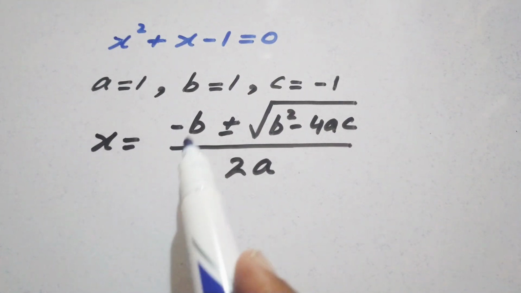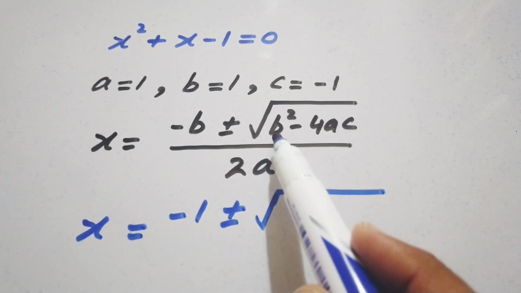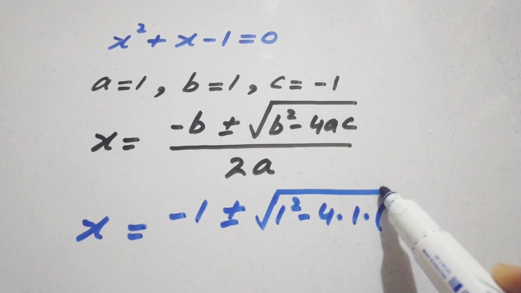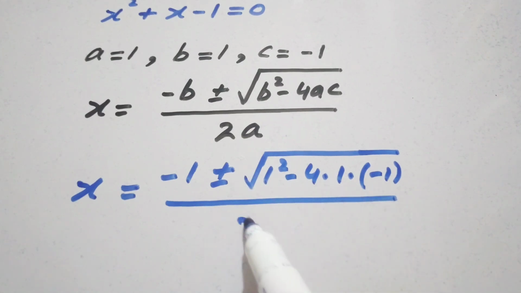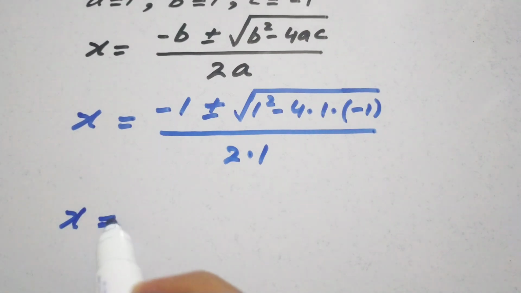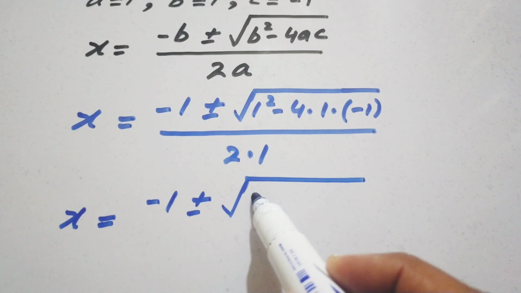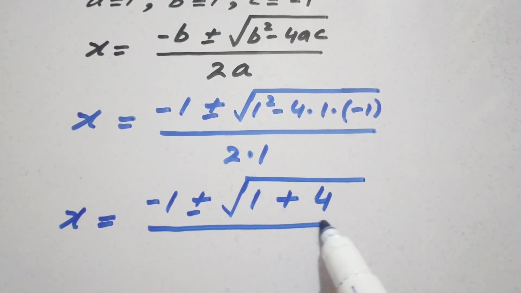So substituting these values in this formula, we get x is equal to negative 1 plus or minus square root of 1 squared minus 4, value of a is 1 and c is negative 1, divided by 2 multiplied by 1 because a is 1. x is equal to negative 1 plus or minus square root of 1 squared gives us 1, minus into minus gives us plus, 4 multiplied by 1 gives us 4, divided by 2 multiplied by 1, which is 2.